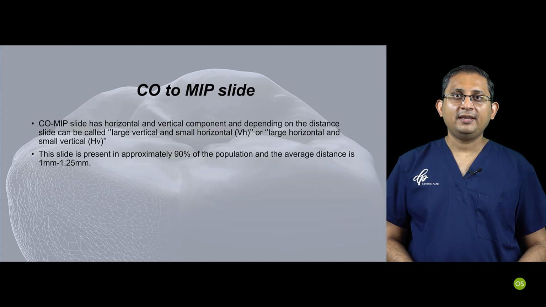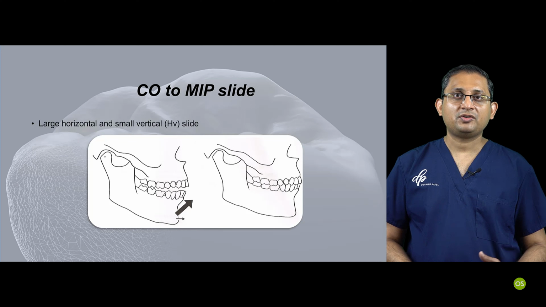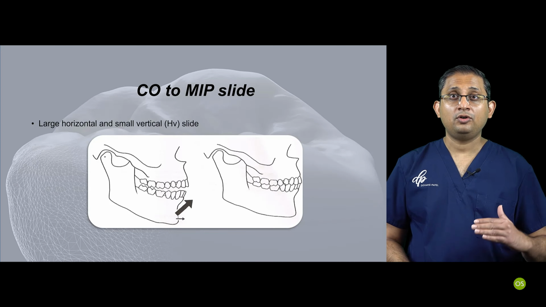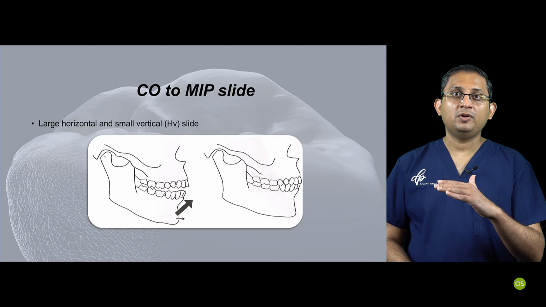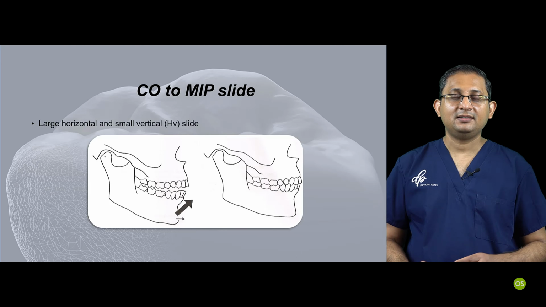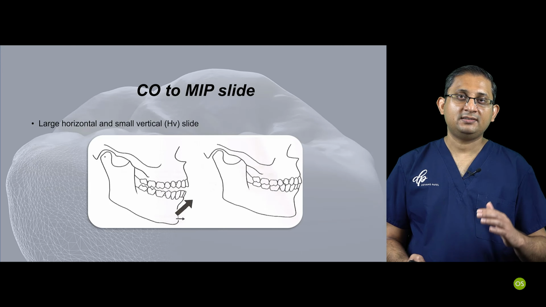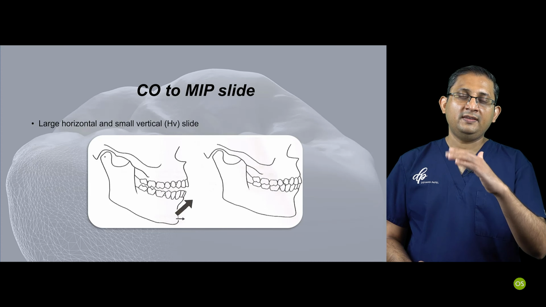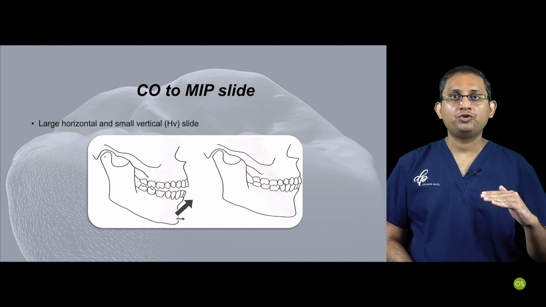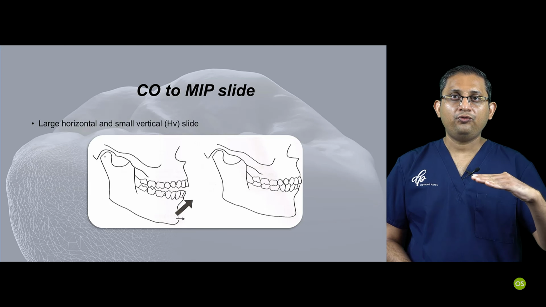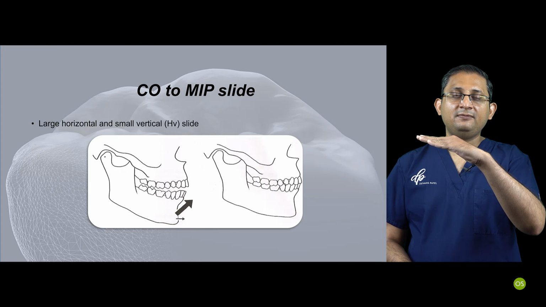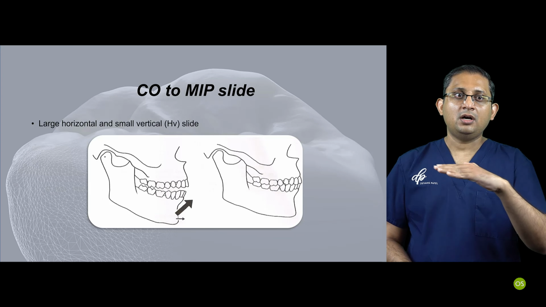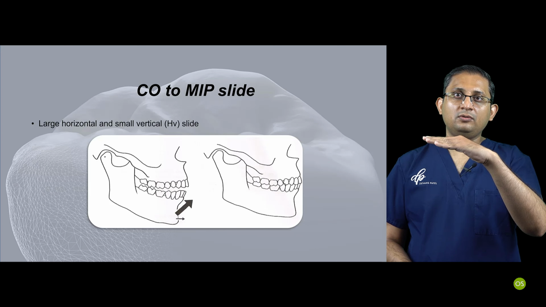When you're assessing a patient's slide, you need to describe the slide as either having a long horizontal and small vertical component, because as we discussed, it will have both components. It's just that one of the components is usually longer than the other. So if the jaw is sliding forward more and slightly upward, then it's called large horizontal, small vertical.